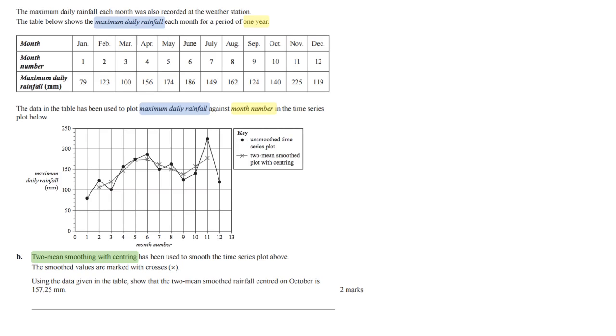Using the data given in the table, we are asked to show that the 2 mean smoothed rainfall centered on October is 157.25 millimeters. This question is worth 2 marks, 1 method mark for an appropriate method used, and 1 answer mark for obtaining the correct answer.